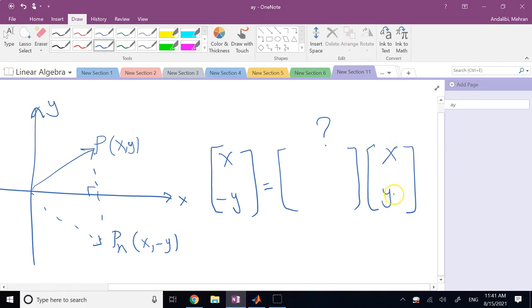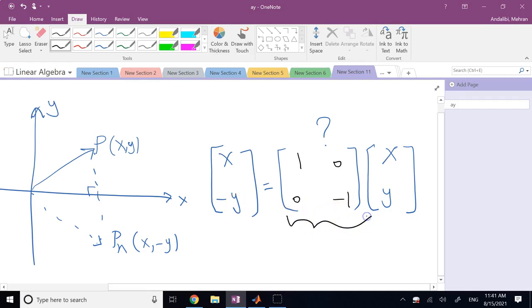Well, you need to keep x the same, so the first row has to be 1 and 0. So 1 multiplied by x, 0 multiplied by y, that gives you x. The second row should convert y into negative y. So 0 multiplied by x, but negative 1 multiplied by y.